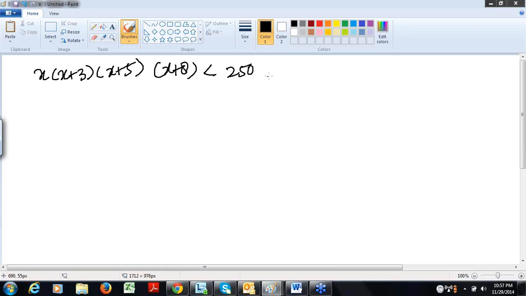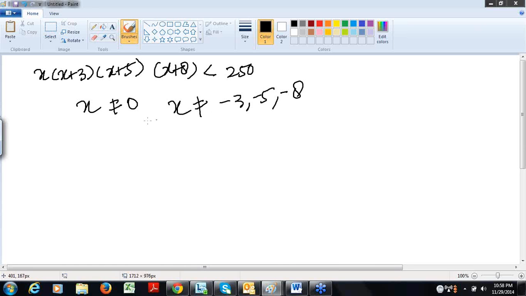Now it is saying how many integer values x can take. From this itself, one can see that x cannot be equal to 0, x cannot be equal to minus 3, minus 5 and minus 8.